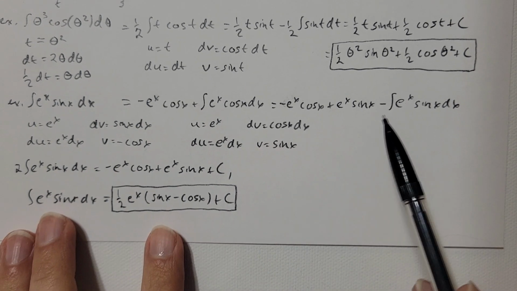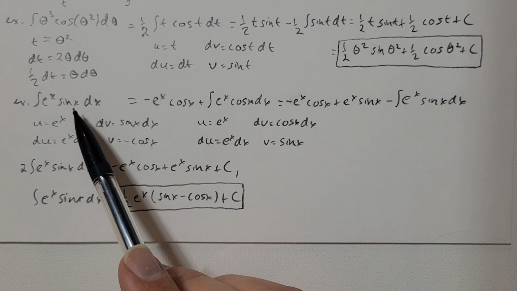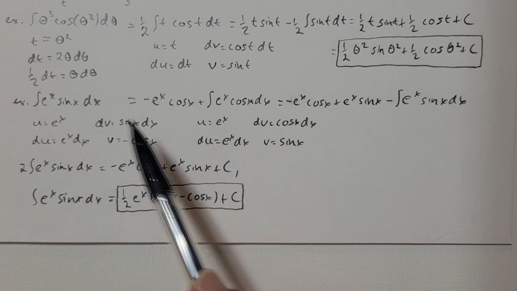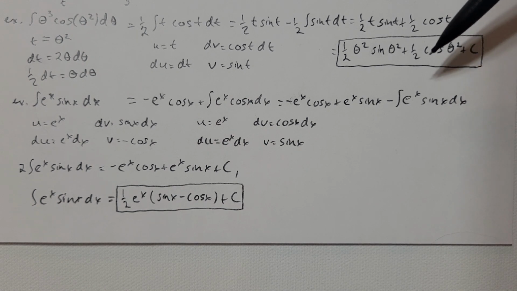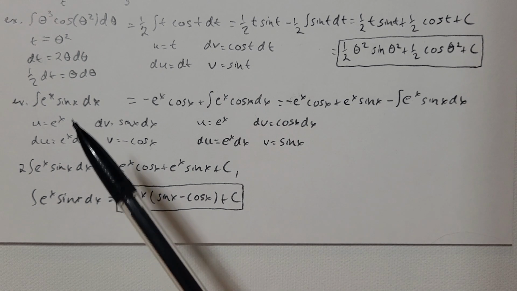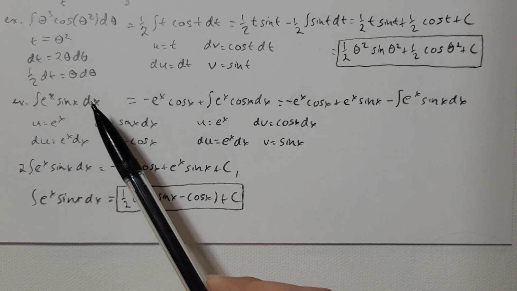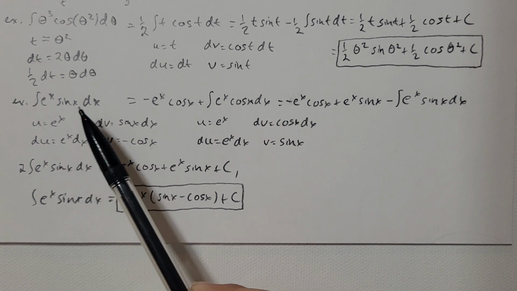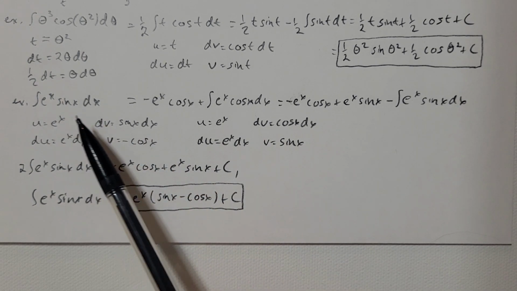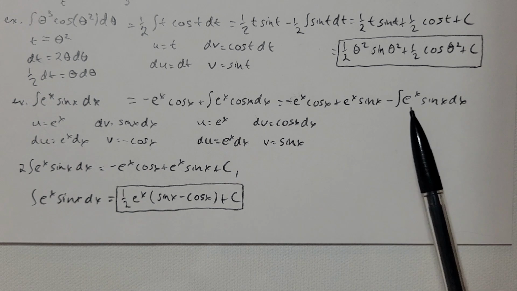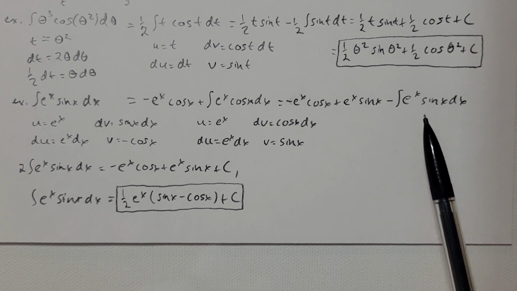Now if I compare this to what I had originally, it looks like I just made a big circle. But the next thing I'm going to do is use some algebra, some creativity, and that's sometimes the case with integrals. This is my unknown. I want to find the value of this integral. I can think of this as an equation, where I have an unknown over here, and the same unknown I'm subtracting over here.